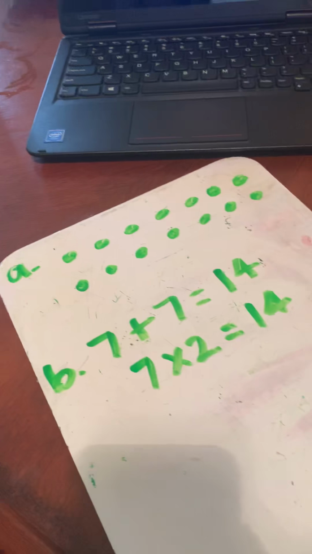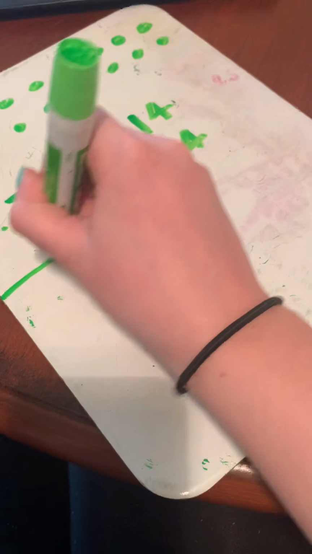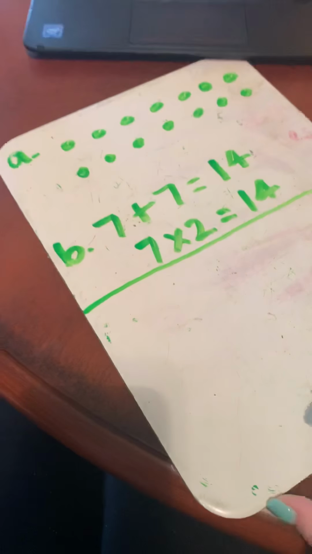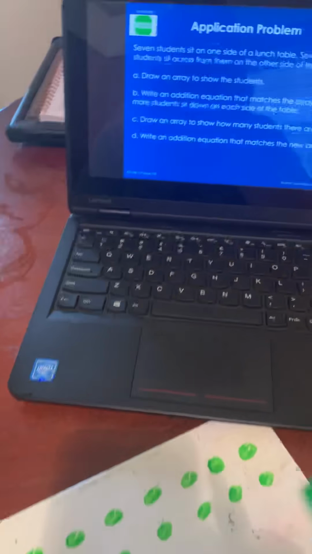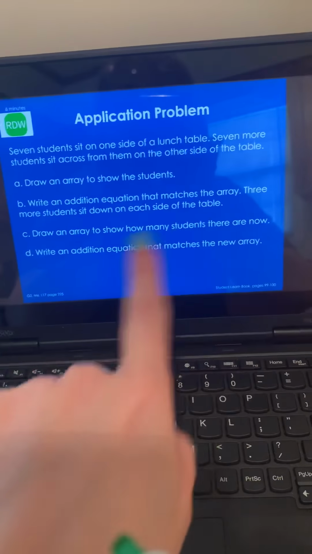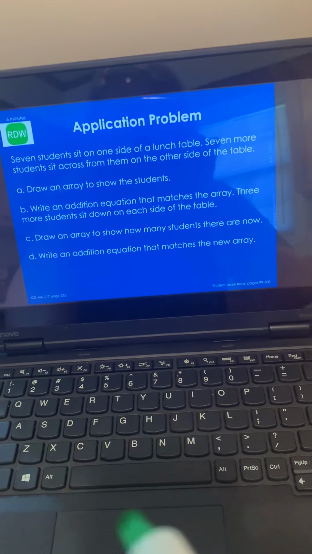All right, so let's go ahead and go into the second part of the problem. And I'm gonna draw a line down the middle just so I can see each part of the problem differently. So they tell us in letter B that 3 more students sit down on each side of the table.